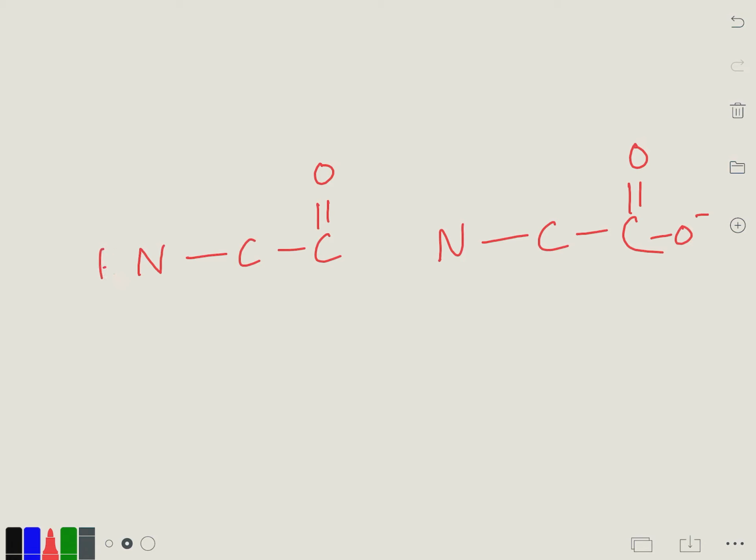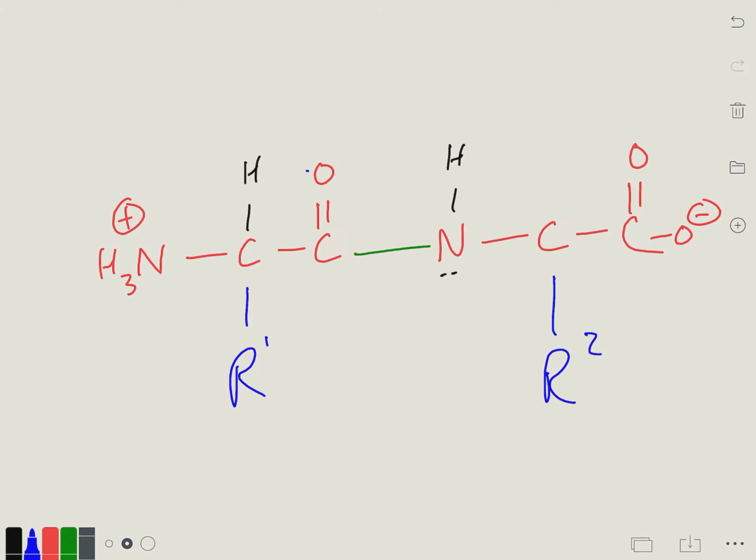Let's give this guy the H3 plus, a minus. Okay, here's our peptide bond right here. The nitrogen also has another hydrogen on it. It's got a lone pair. We've got some R groups, R1, R2. Okay, this is a dipeptide.